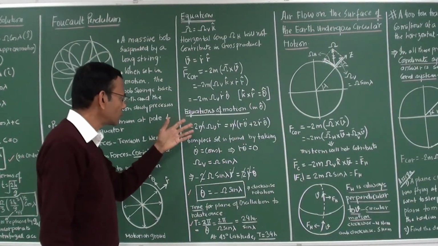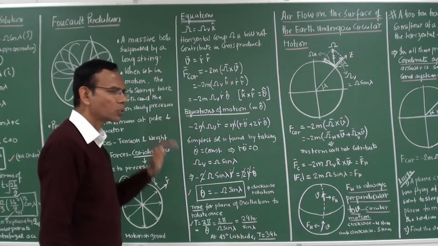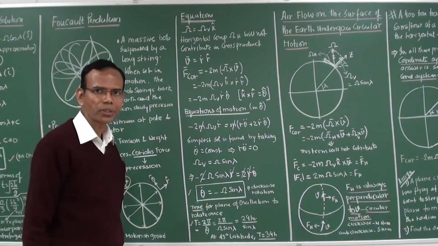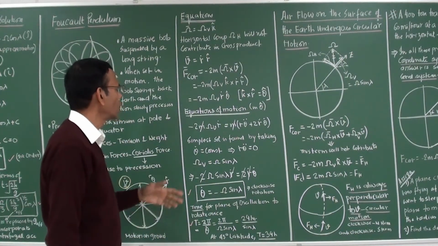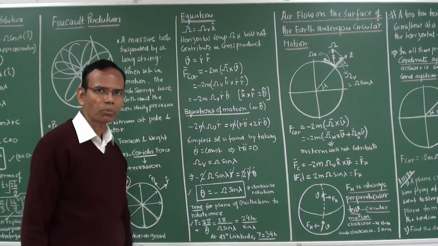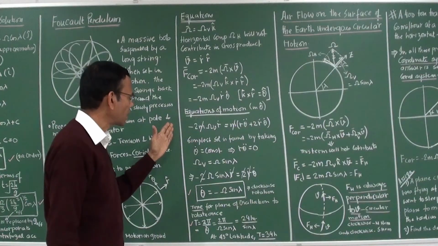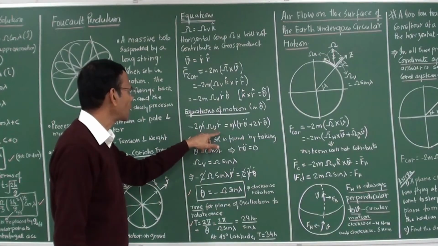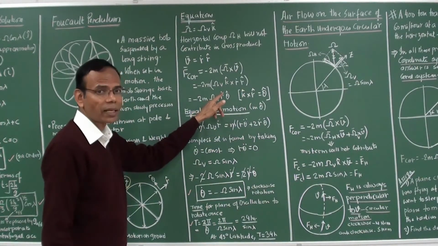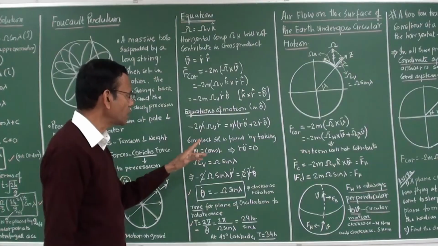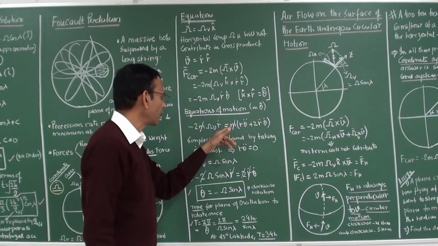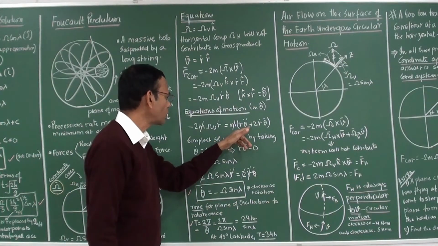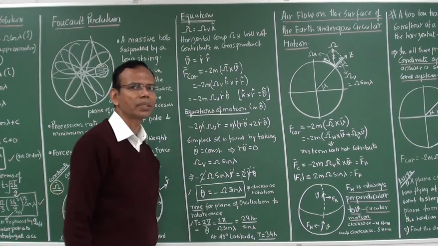Once we get the force, now let us write the force equation, that means the equations of motion. We very well know how to write the equation of motion in polar coordinates. We have studied all this. So minus 2m omega v r dot is in the theta cap direction, so we have to use the theta cap expression: m times r theta double dot plus 2 r dot theta dot.